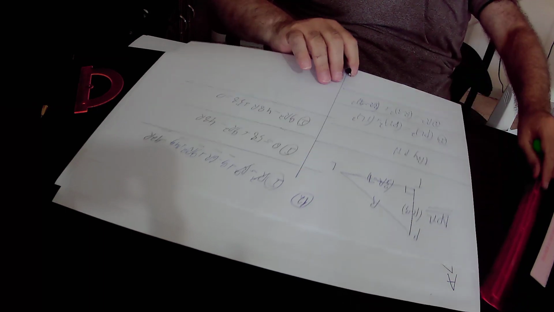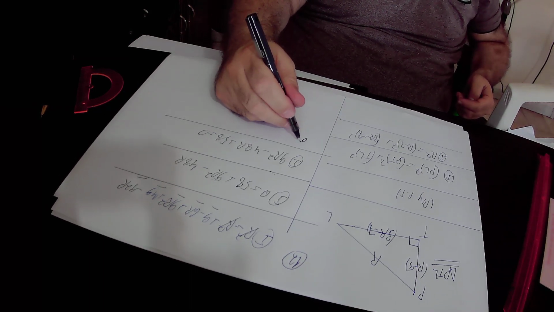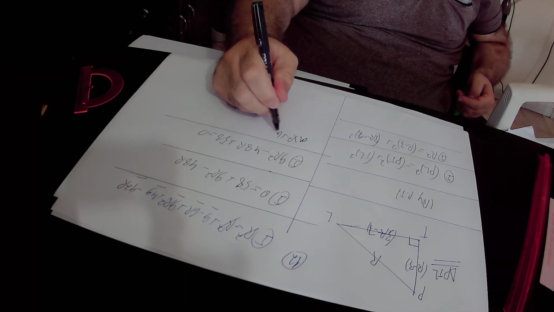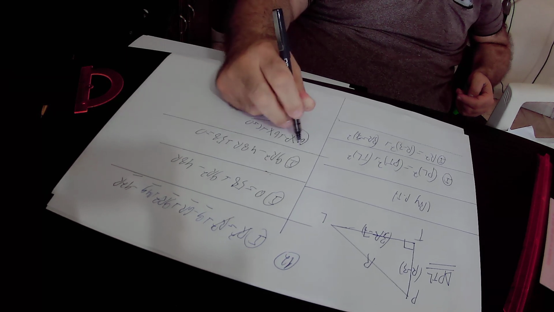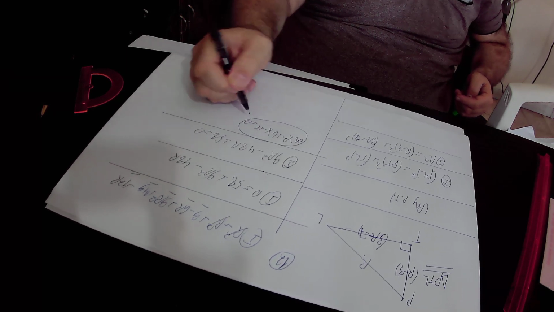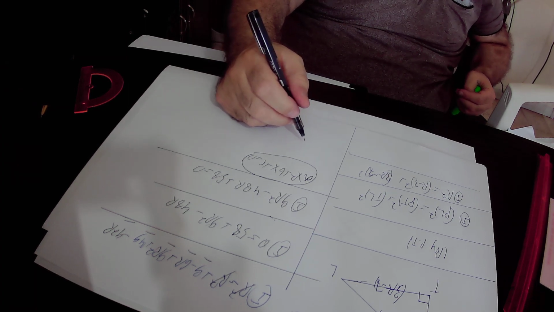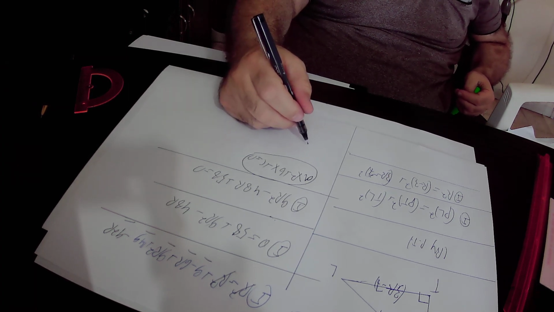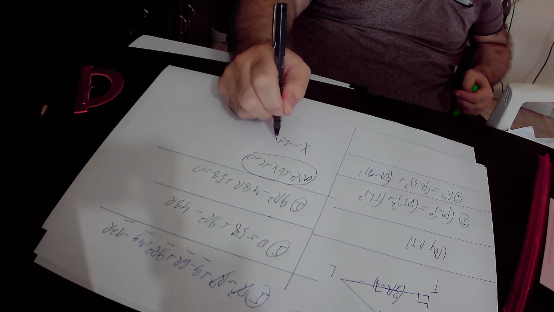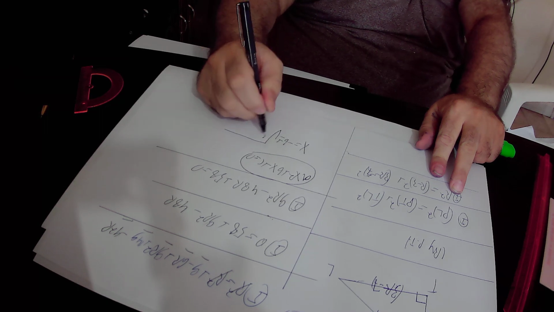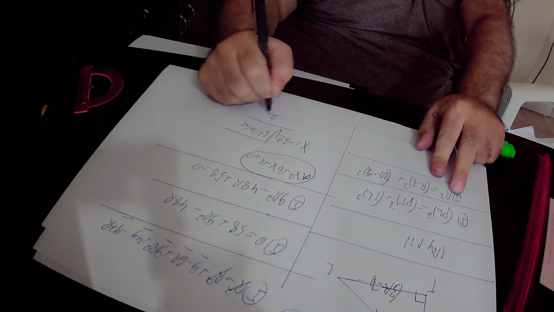So here we have the general form of a quadratic equation: ax squared plus bx plus c equals 0. Here a, b, and c are the coefficients of the quadratic equation, and x is the variable that we are looking for. And we will find the value of x according to the following formula: x equals minus b plus or minus the square root of b squared minus 4ac, over 2a.